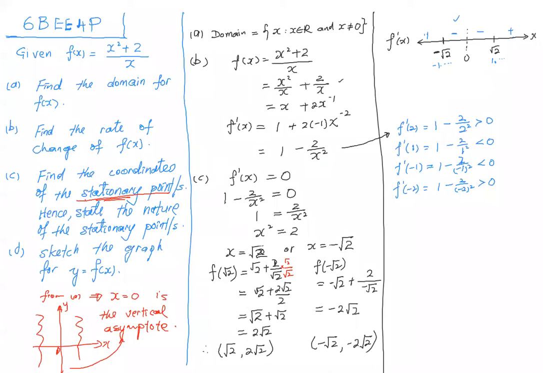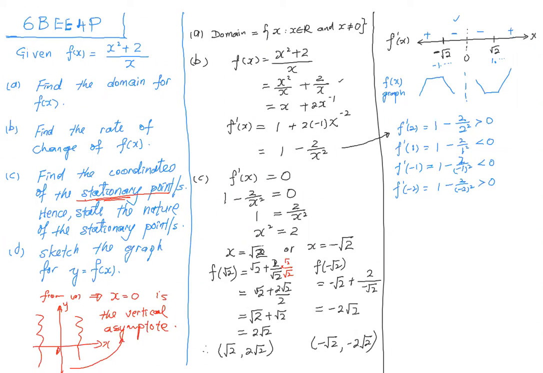Okay, so from here, I'm able to know the nature. Now from here, I sketch my f x graph. So this is going up, stationary, come down. Another part, going down, stationary, go up.